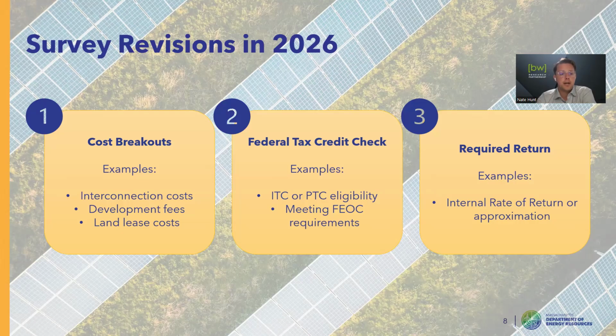The first is, in addition to asking that basic installed cost figure for each project type, we're also asking a subset of questions around specific elements of that installed cost. So there's a specific call out for interconnection costs and a specific call out for development fees.